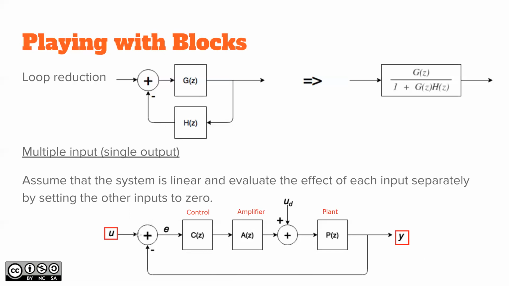Same thing here. This loop should be trying to set up the error signal, these are actually the control signals, so that it minimizes the difference between the wanted value and the actual value. Okay, that's a simple control loop.